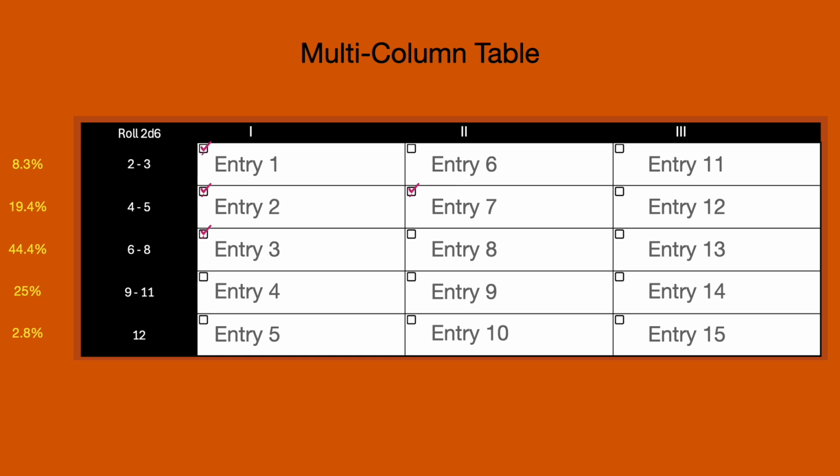So we have 15 different entries in this table, and each entry has a checkbox in the corner. I've got some of them checked here, but we'll do a little bit of theater of the mind, and I'll go through exactly how those checks came about.